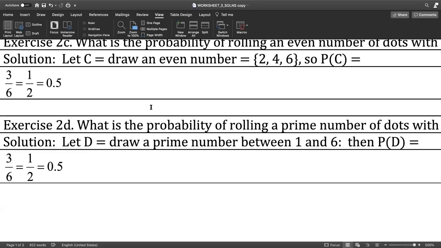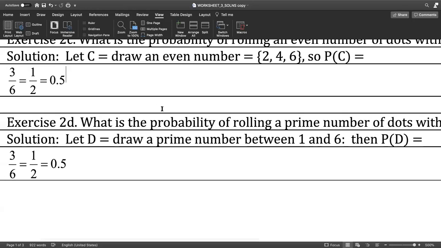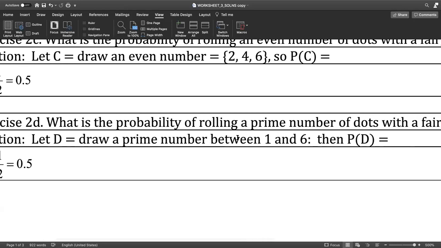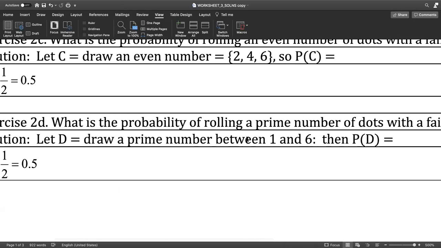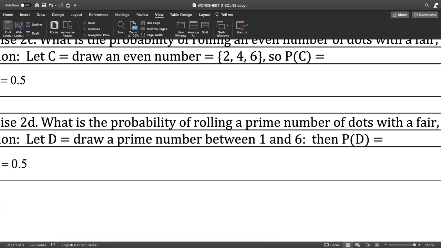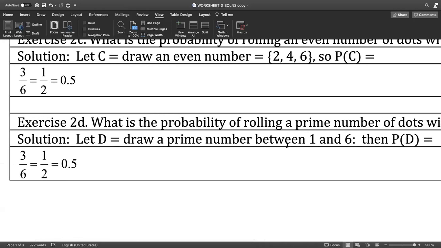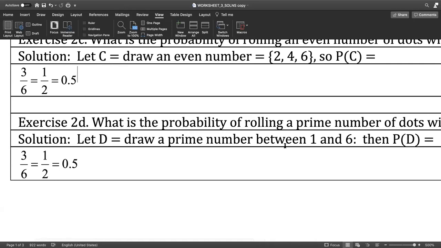And same with the probability of rolling a prime number. So the primes between 1 and 6. What are the 3 prime numbers between 1 and 6?